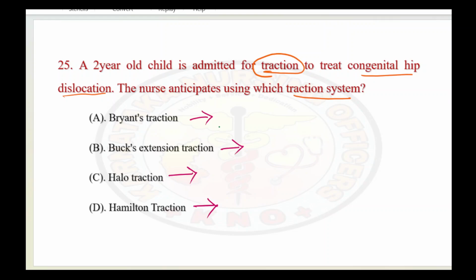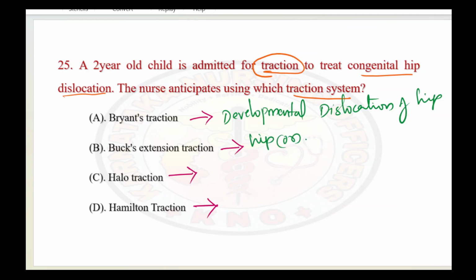So Bryant traction is mainly used for developmental or congenital dislocation of hip. Buck's extension traction is used for hip or femur fracture.